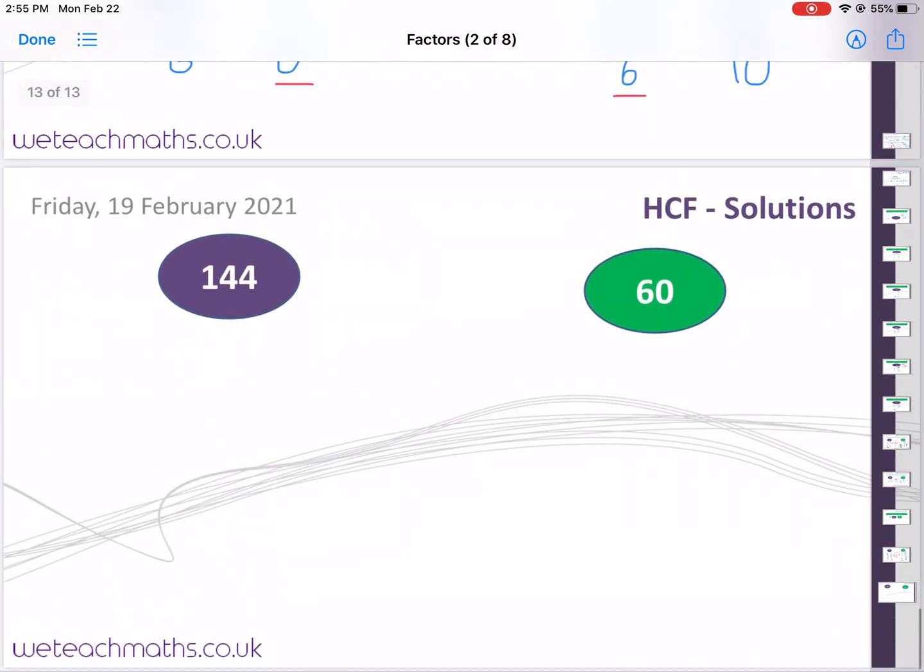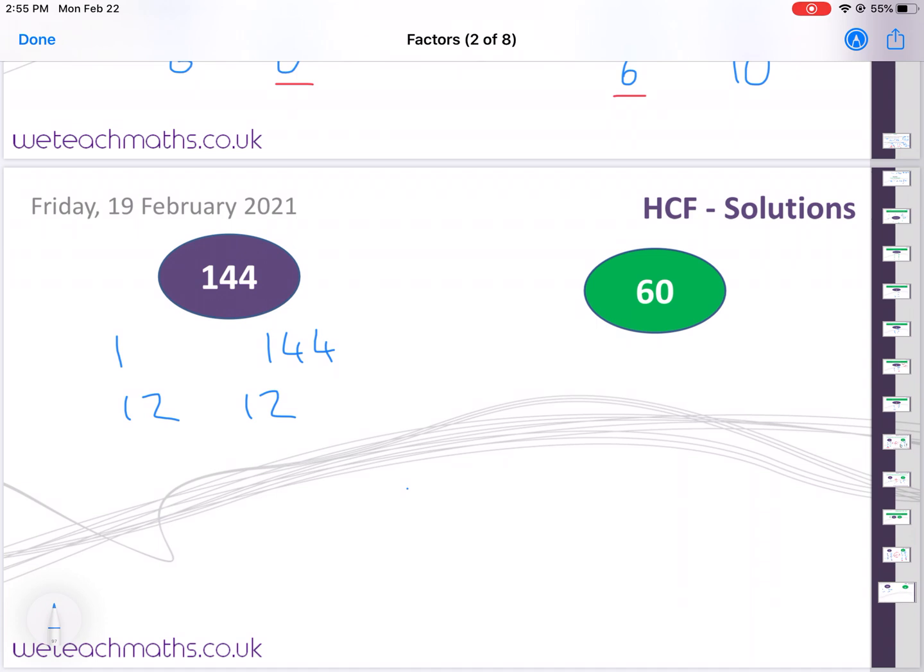Now, two slightly larger numbers here, we've got 144 and 60, so we'll get these ones out as well and see what we end up with. Factor pairs for 144 are 1 and 144, 12 and 12, which is a good one to remember.